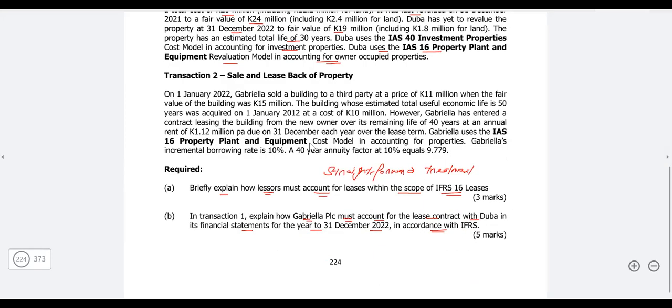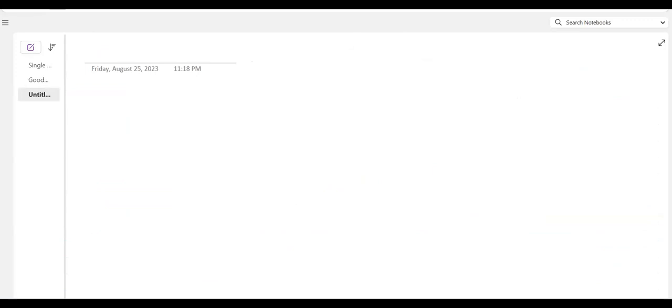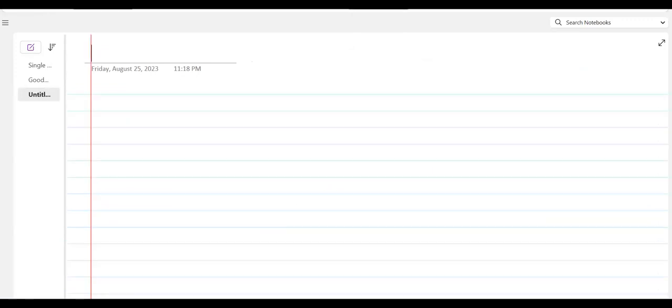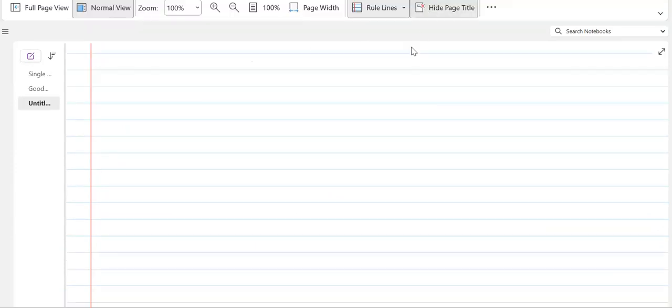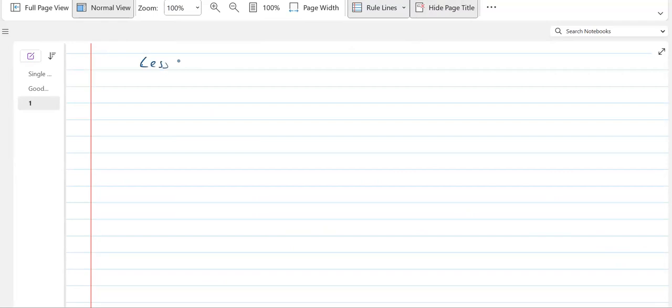And in requirement A, it says explain how lessors must account for the lease within the scope of IFRS 16. Now we know that when it comes to lessor accounting, as per IFRS 16, it is also the same as it was in IS 17.